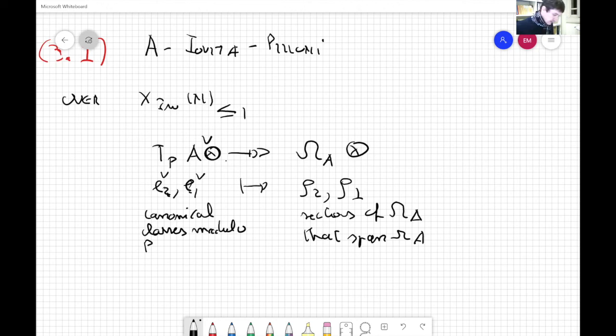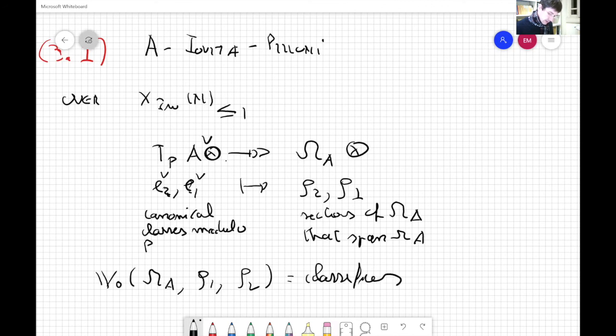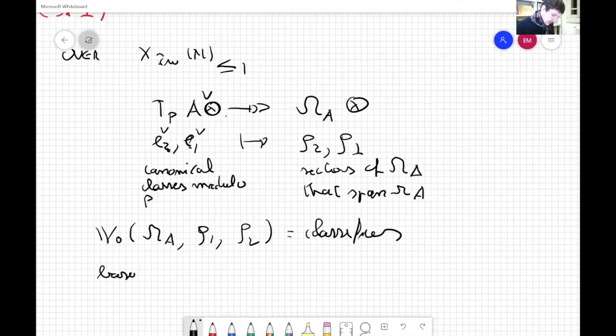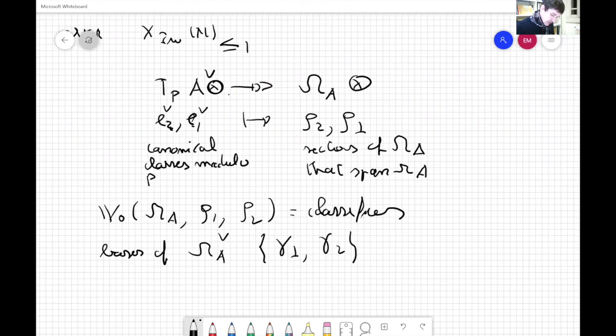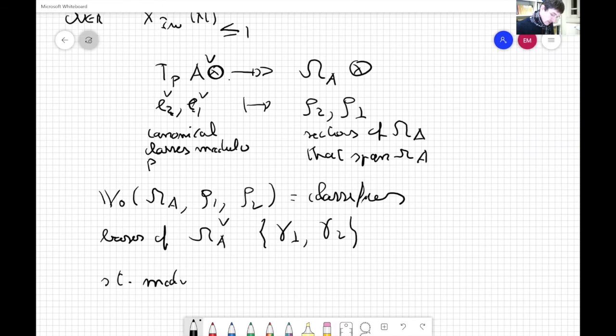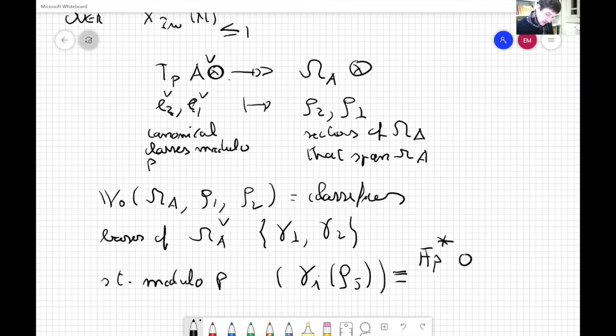One can consider the space V_0 of omega_A, rho_1 and rho_2, that classifies a basis of omega_A dual, say gamma_1, gamma_2, such that modulo p, if you take the pairing of this gamma_i and this section rho_j, modulo p you get simply a matrix of the form F_p star, 0, star, and F_p star.